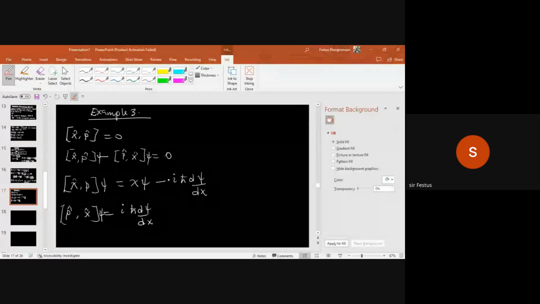Minus, minus, so this will be plus, and this will be minus, because the momentum operator is minus iH bar d psi on the X, the differential for the position. So since this is minus, minus is here, so minus becomes positive, but here there's no minus. So you have this, then minus. Now you have X of psi.